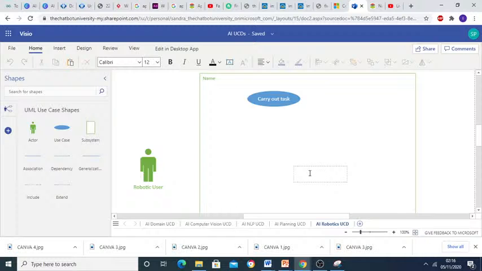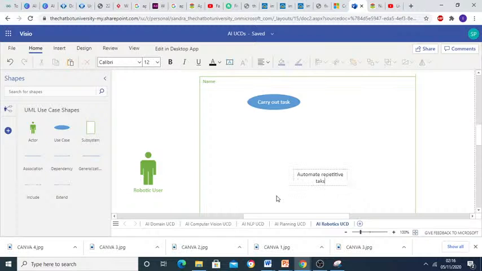You see, robotics handles tasks that don't need human input. But a robotic process automation needs human input. I'm going somewhere. Bear with me as I write this down. So here, the goal of this particular use case is to automate repetitive tasks.